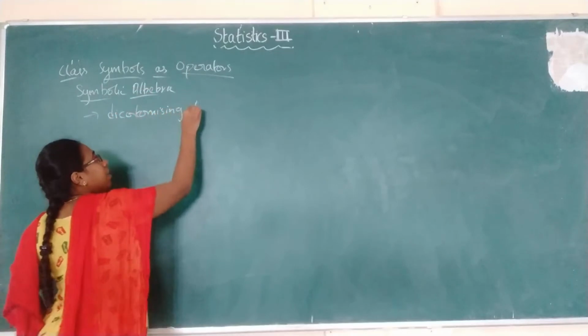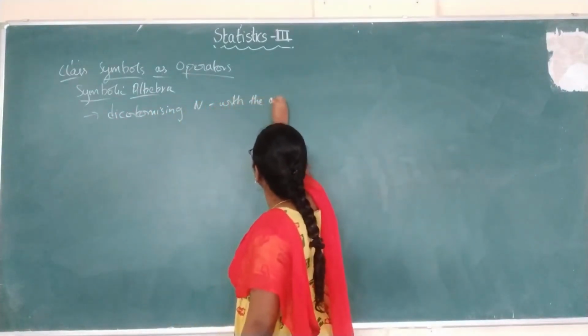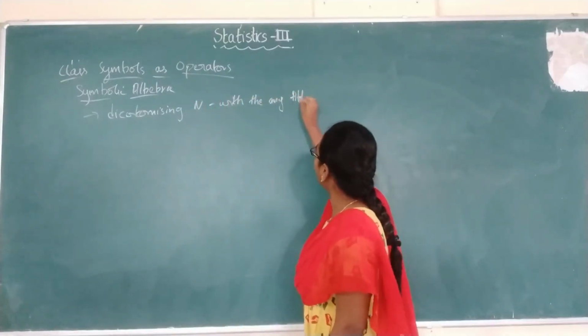Dichotomizing N with any attribute is called the symbolic algebra.